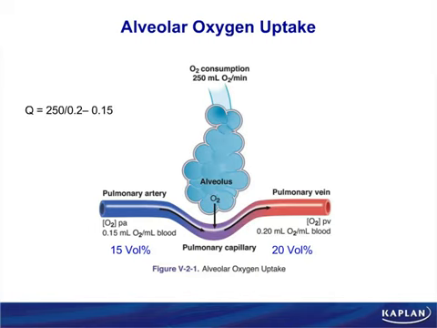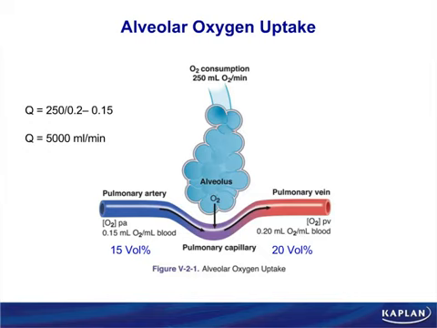In this example, oxygen consumption is 250, and the AV-O2 difference will be 0.2 minus 0.15. When we plug and chug that, that will give us a flow of 5 liters per minute. Notice, if you used 20 minus 15, you're going to be off by a factor of 100, once again because volume percent means per 100 mil.